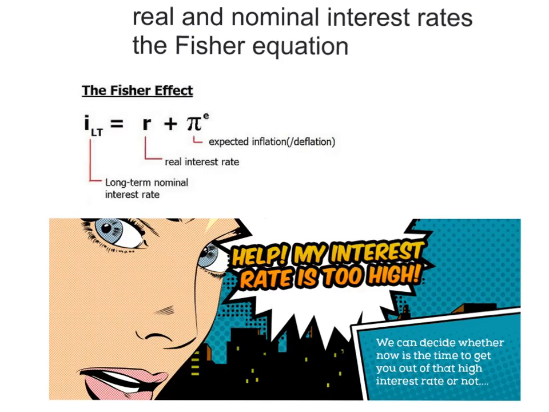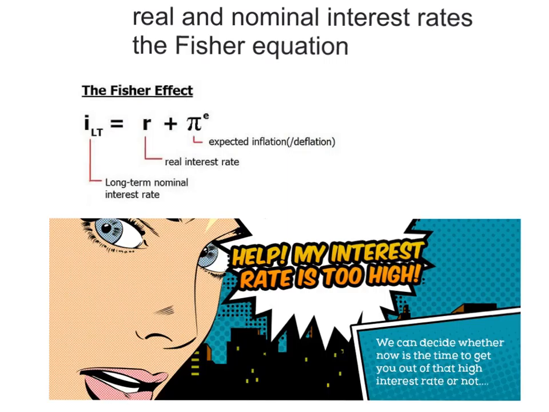Now, when we deconstruct the nominal interest rate into its components, economists imagine there are two components. There's a real interest rate, small r, and an expected inflation rate, pi with a little e to indicate expected. By the way, we use pi because the letter I is already taken.